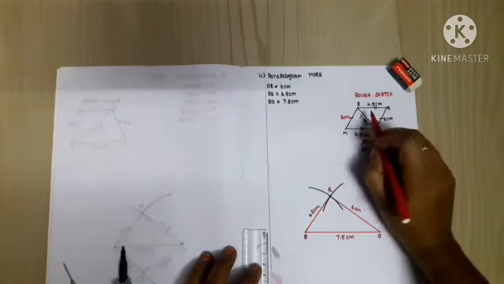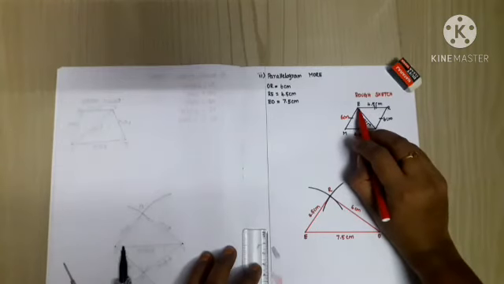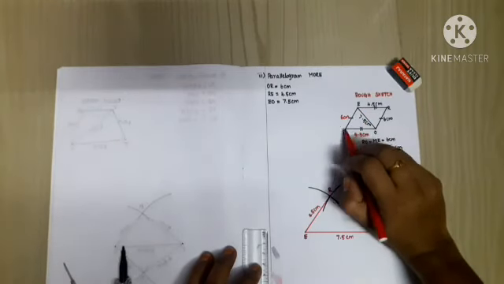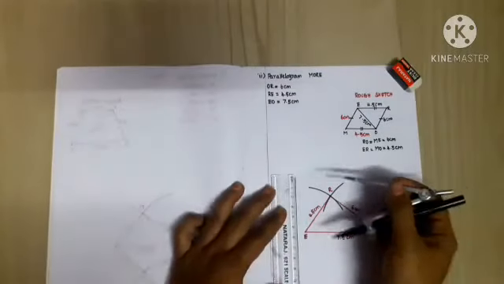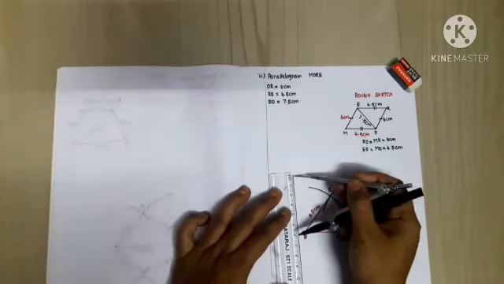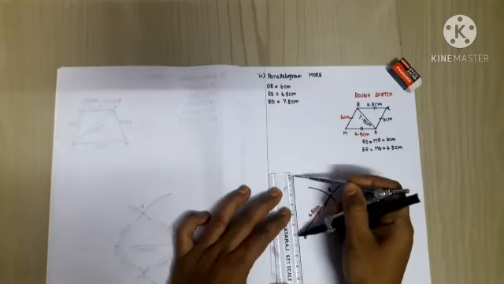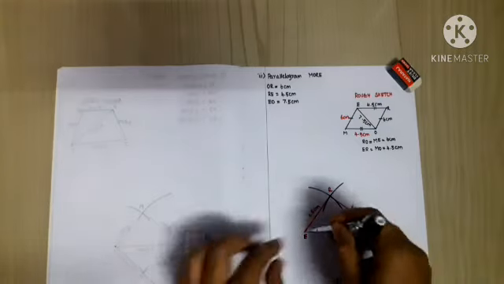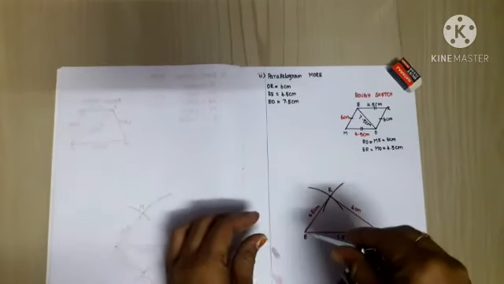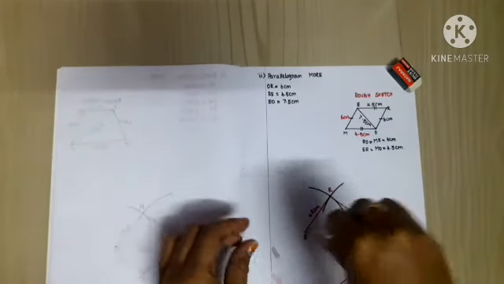With E as the center and the radius of 6 centimeter, draw one arc. Take the compass with the radius of 6 centimeter, keep the needle at E, and draw the arc at the bottom.